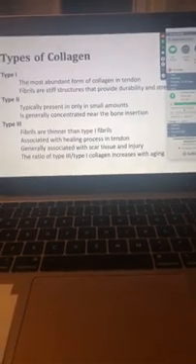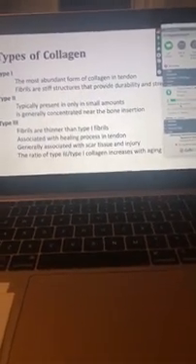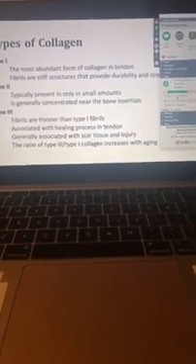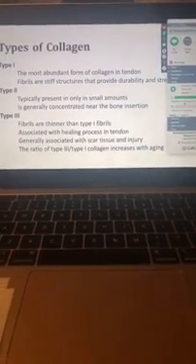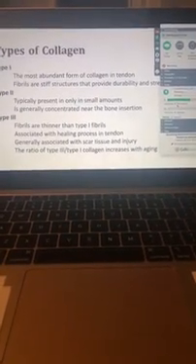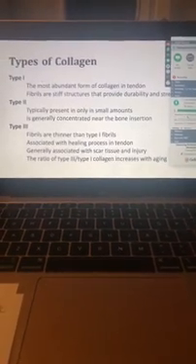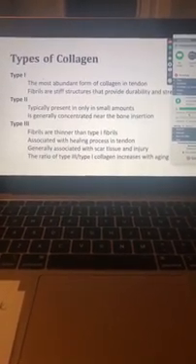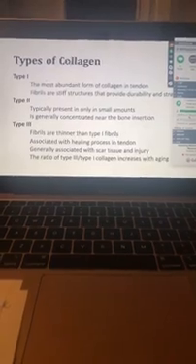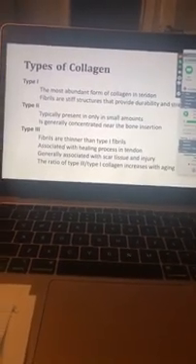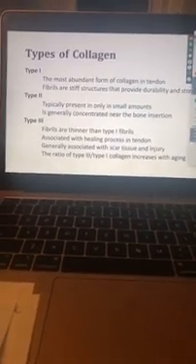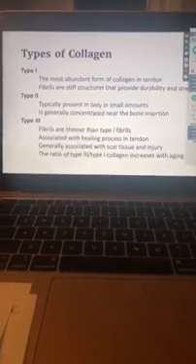You do still have type 2 within your connective tissue and in your tendons. But what's interesting is that you actually find type 2 more in association to the tendon bone insertion. And then type 3 is actually going to be thinner. So you could think of it as more fragile in a sense.